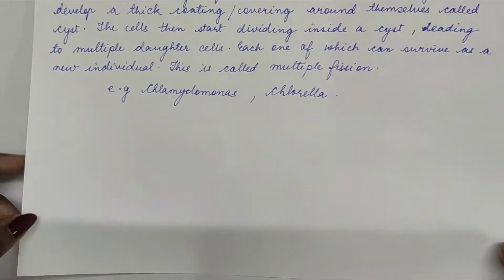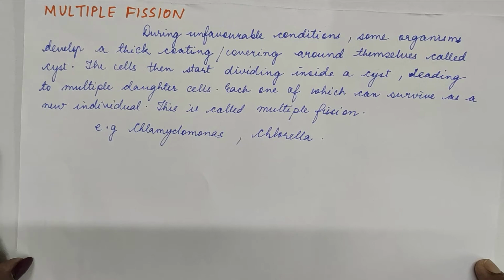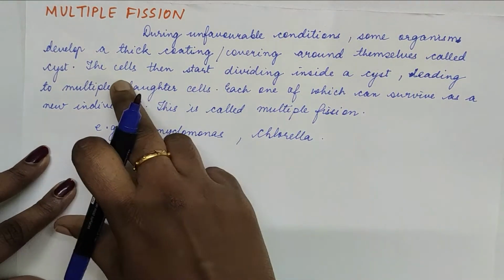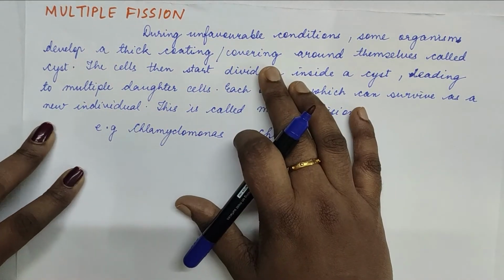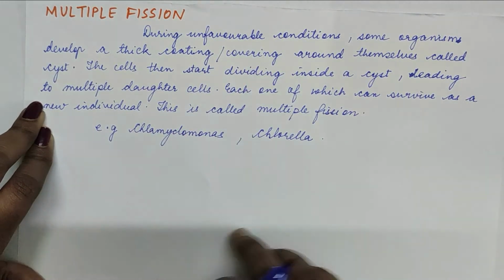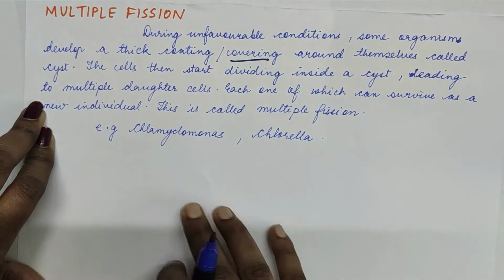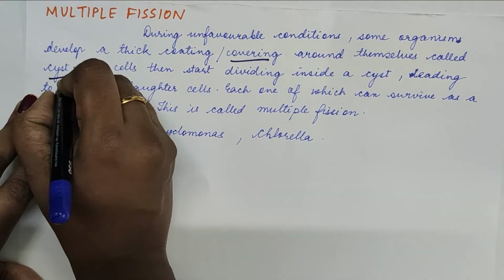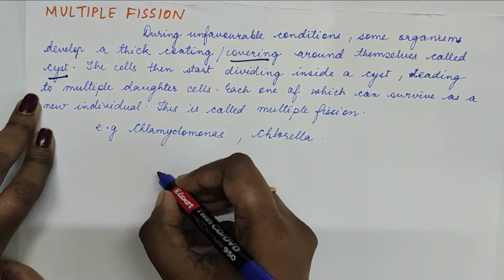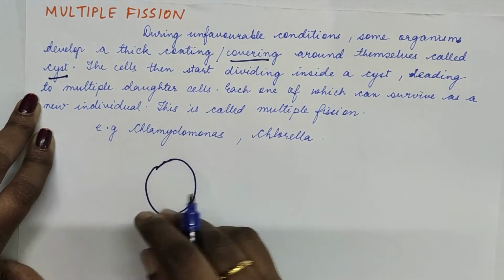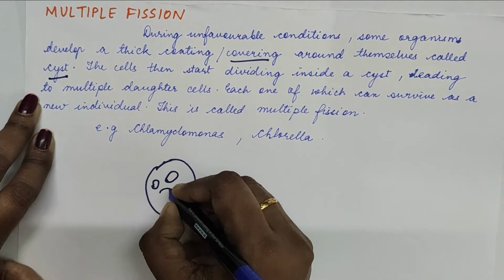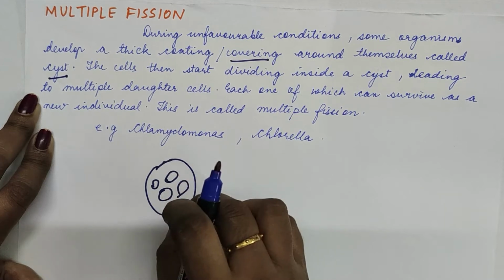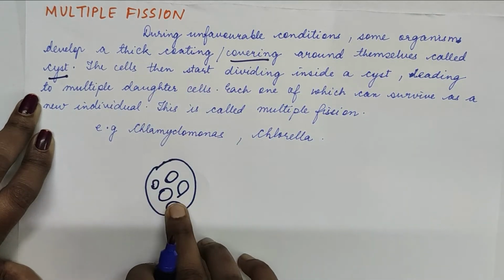Next is multiple fission. By the name itself you can understand that binary was two, so here it is multiple. This is generally seen during unfavorable conditions. Some organisms develop a thick covering around them, which is called a cyst. Inside that cyst, one organism divides multiple times, so one organism has now divided into several organisms.